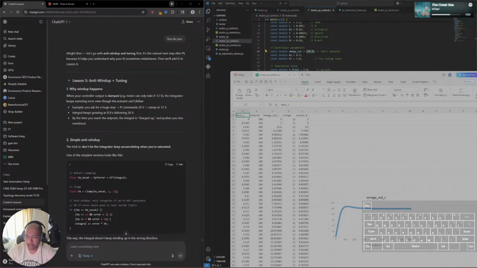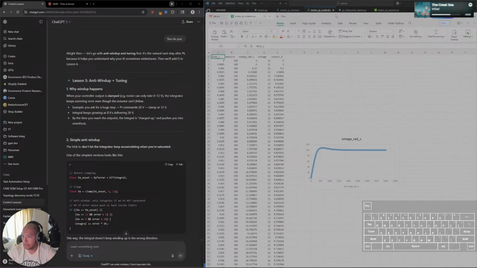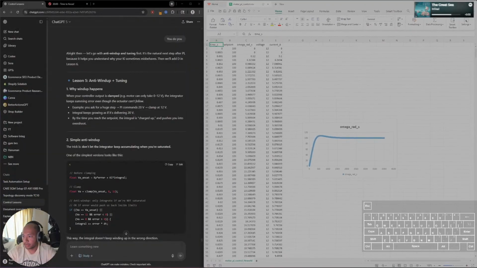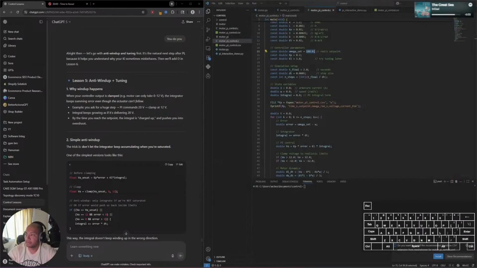And so now when we look at this, you can see what the control loop is doing. It's going from 0 to above 100 where it overshoots, and then it's settling down at 100. So that's essentially what a control loop does. It makes it so you get to the set point.